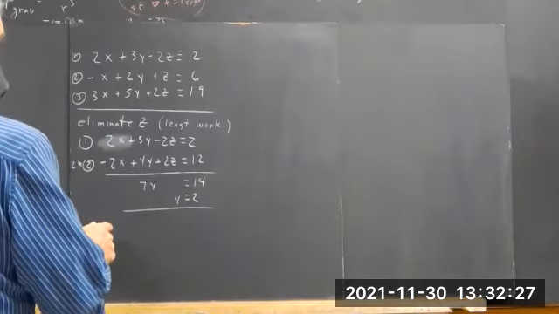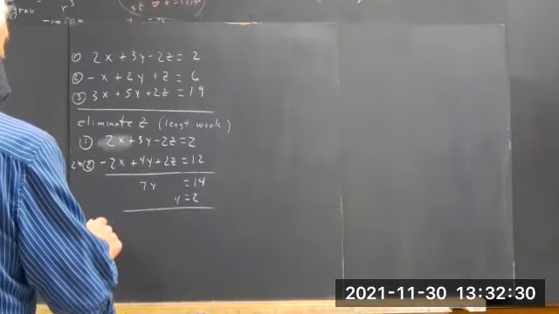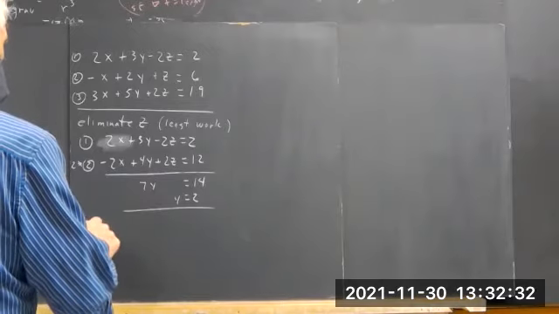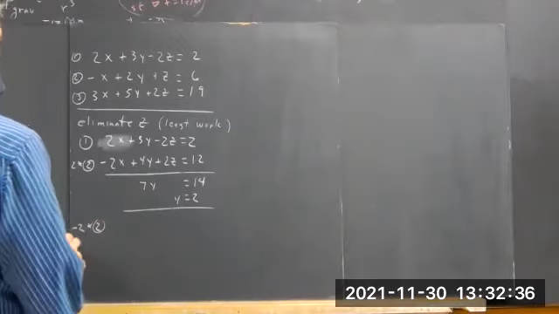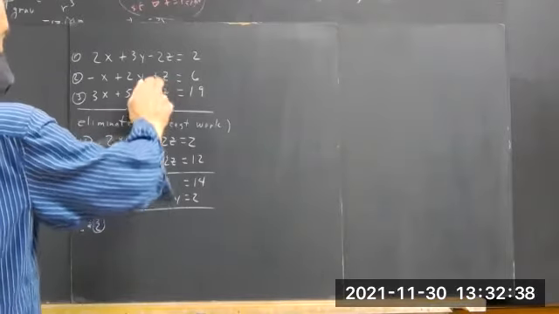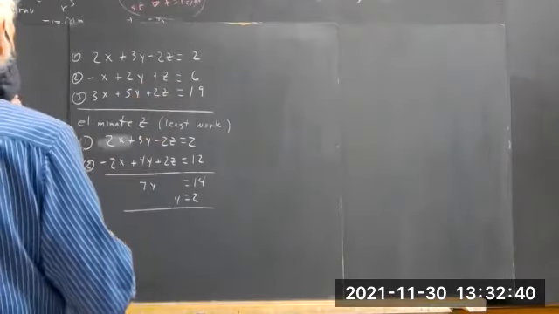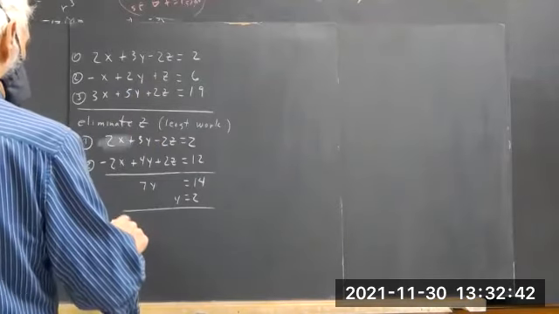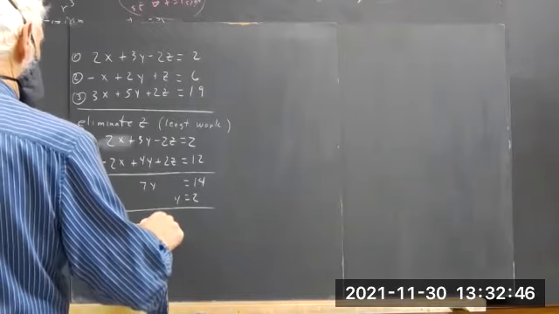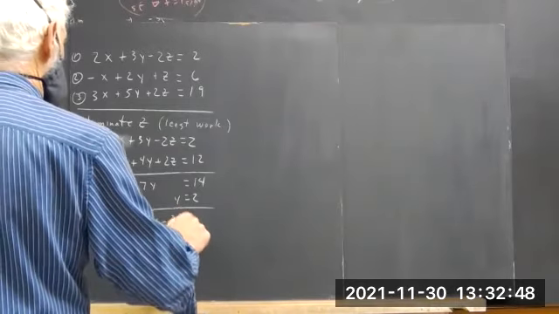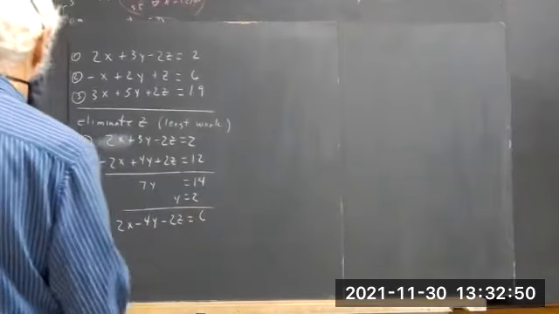Okay, so I'm going to do equation 2 multiplied by -2, which will match up to z's, and give me 2x minus 4y minus 2z equals 6.